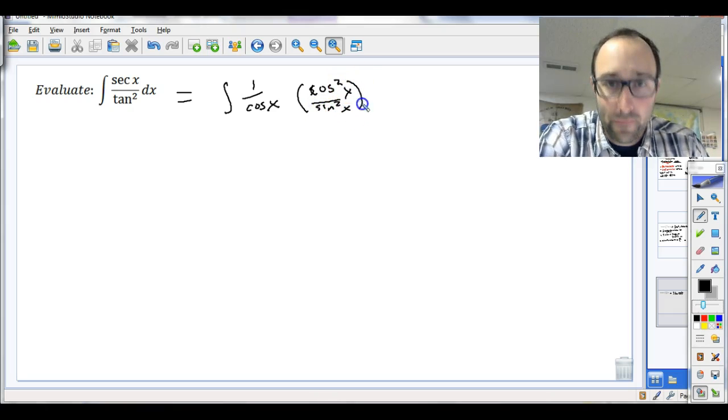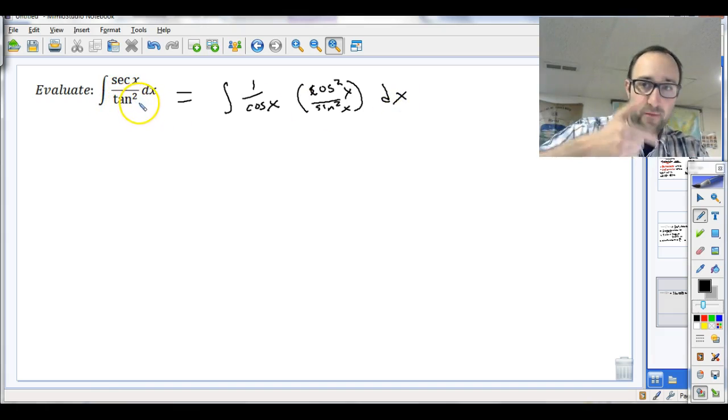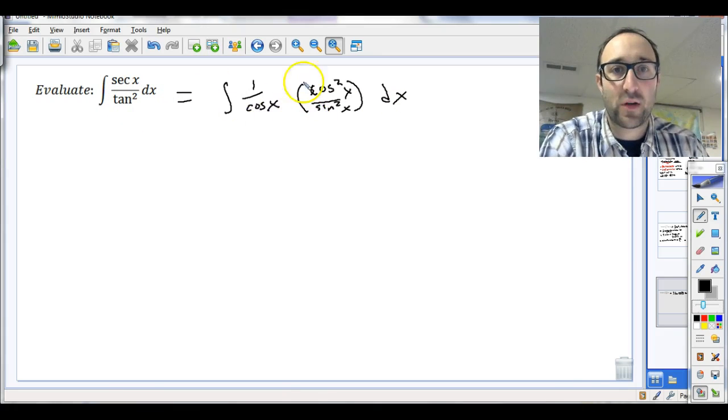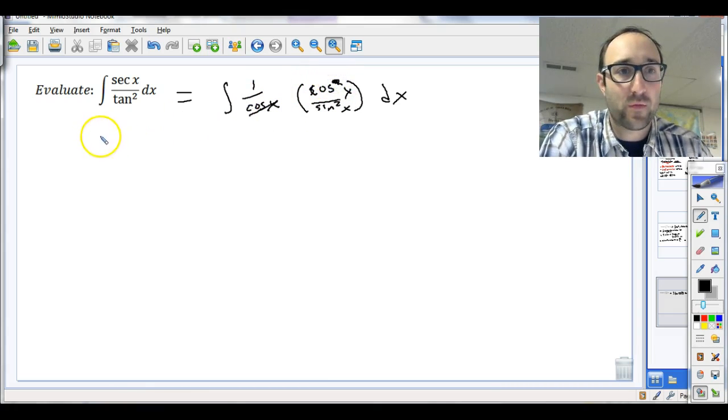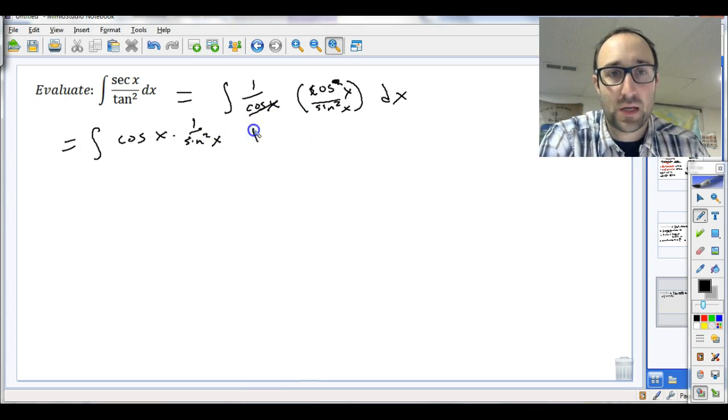And then we have the dx, right? I'm writing the flip version of tangent so I don't have to write a double fraction. So one cosine x cancels out and the square goes away, and I'm left with the integral of cosine x times 1 over sine squared x dx.